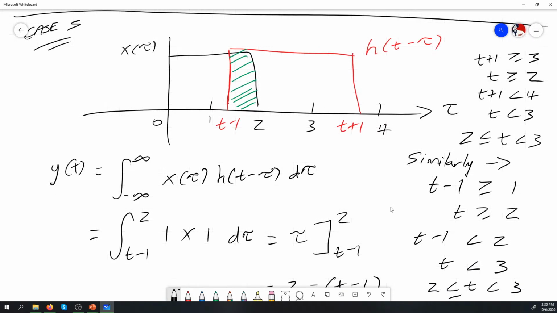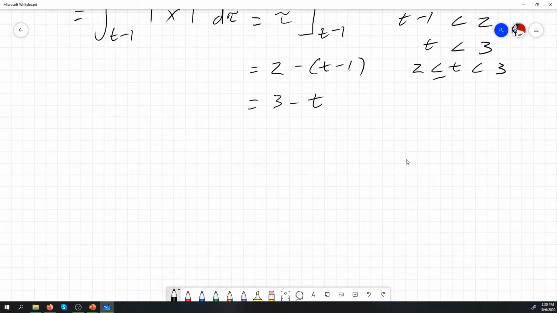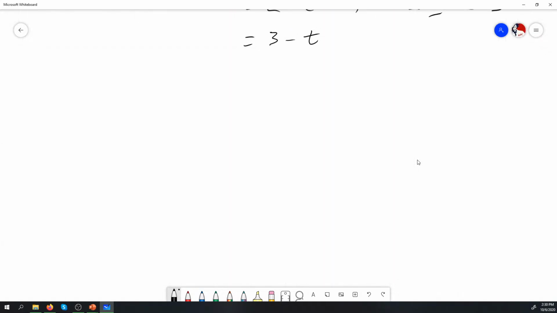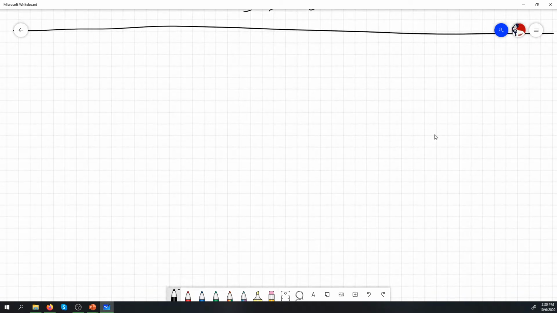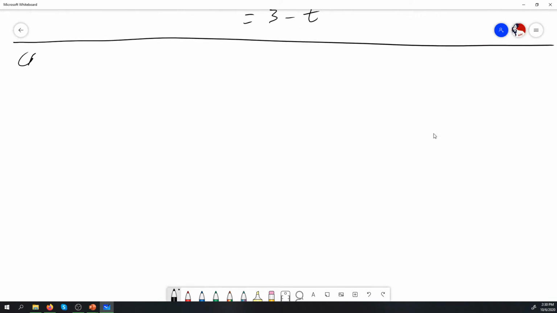And finally, our last case would be when the h of t minus tau signal has completed all its overlap of x of tau. So this will be case 6.